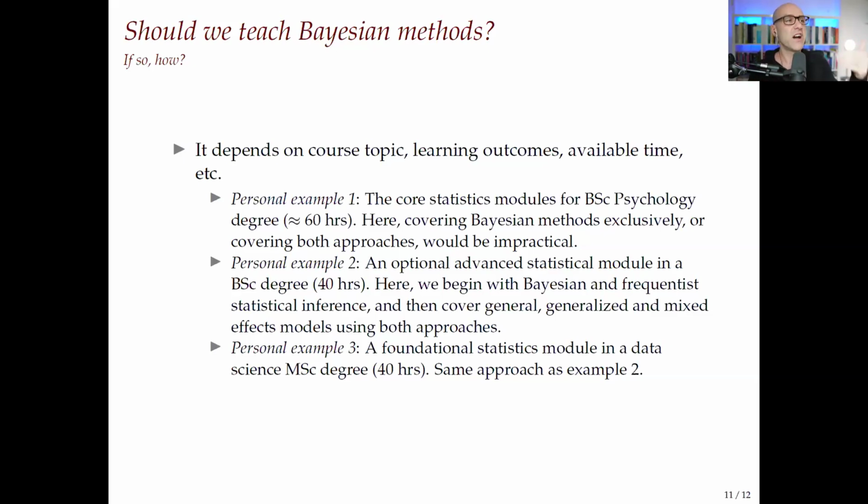Here, we're trying to cover the set of topics I listed earlier: starting with descriptive statistics, going into inference, and then regression and ANOVA models. It's hard enough to do all of that well, so that students can confidently do regression and ANOVA models and extensions of those in their own research.